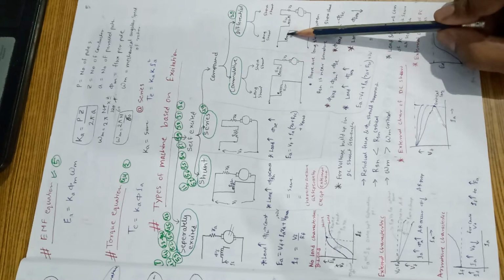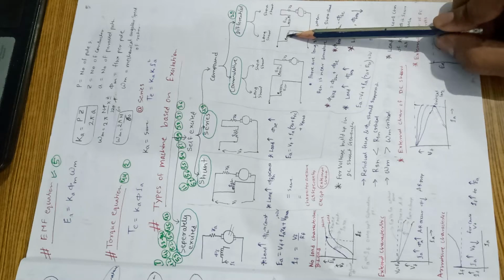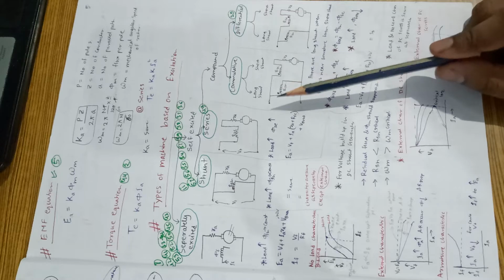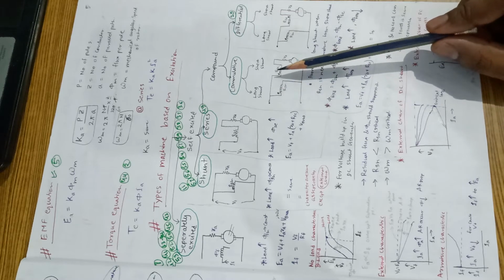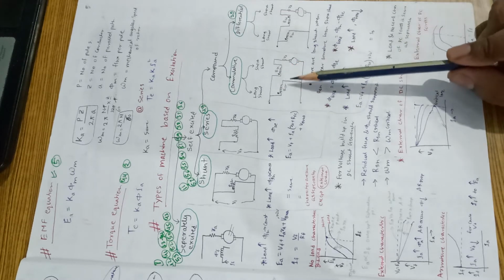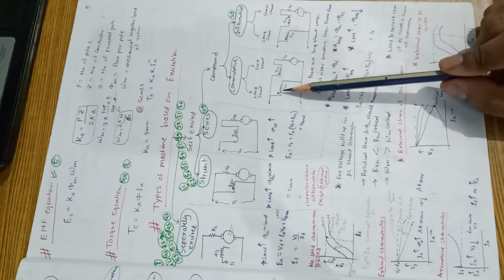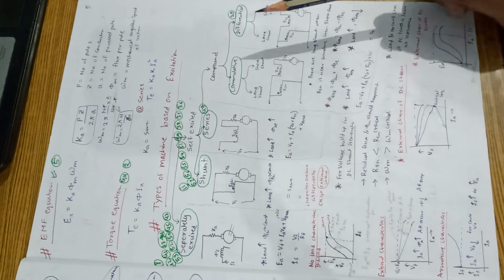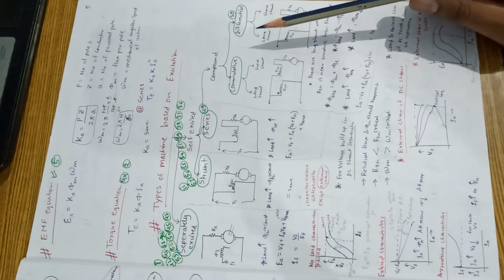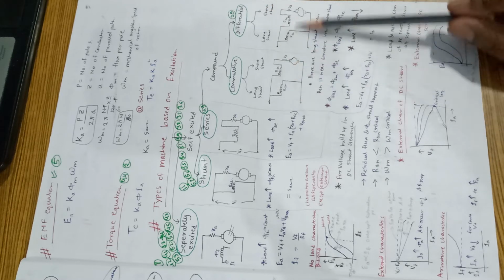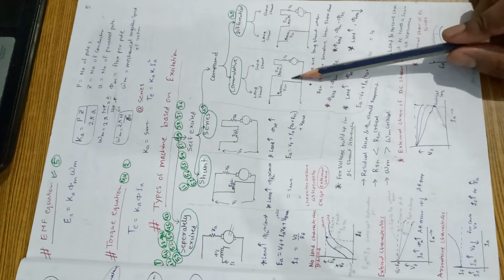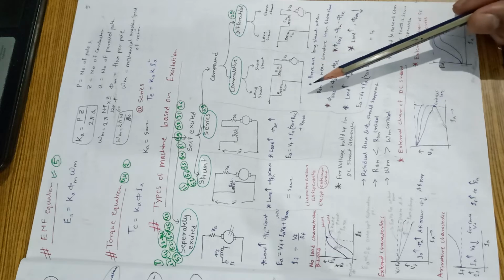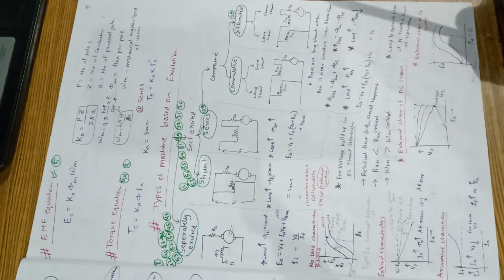The only difference between long shunt and short shunt is the connection of this shunt part. Everything else, the working and all, remains the same. Here we have shown the long shunt diagram, so we can consider short shunt also, nothing will change.